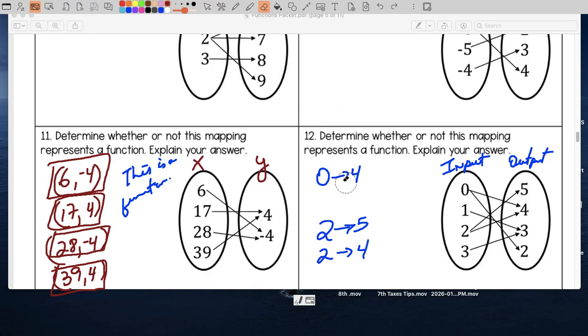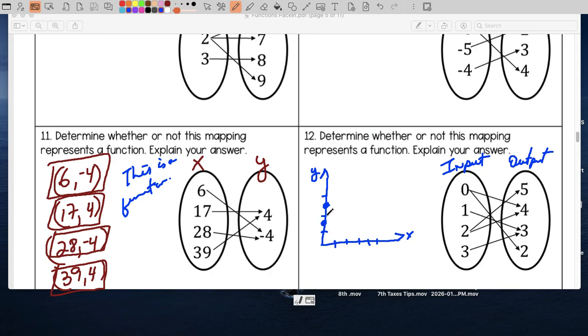So let me graph this. Right. So when you were graphing, when we were doing the vertical line test. Right, let me just do this. This is my x values and my y values. Let me show you what that looks like on a graph. So 0 and 4. So 0 and 4 would be here. And then 0 and 2.